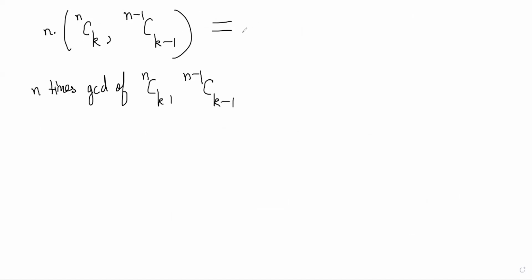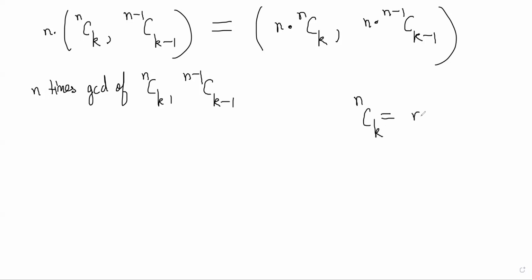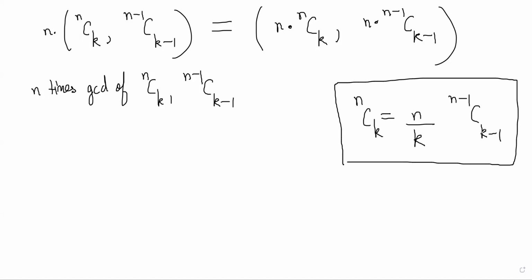So, we can take the n inside, and it is the same as the GCD of n·C(n,k) and n·C(n−1,k−1), right? We can take the common integer inside the expression for GCD. Now remember, there is that identity C(n,k) = (n/k)·C(n−1,k−1). This is a binomial theorem identity which can be easily proven.